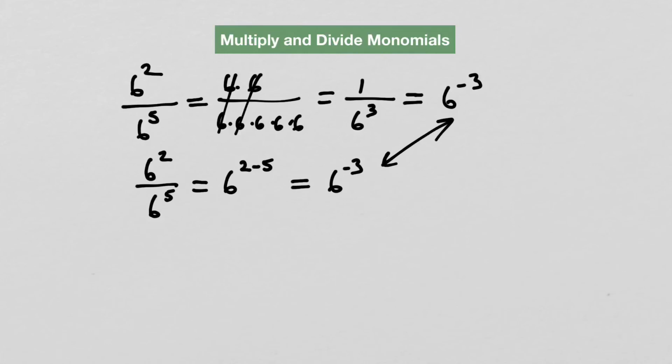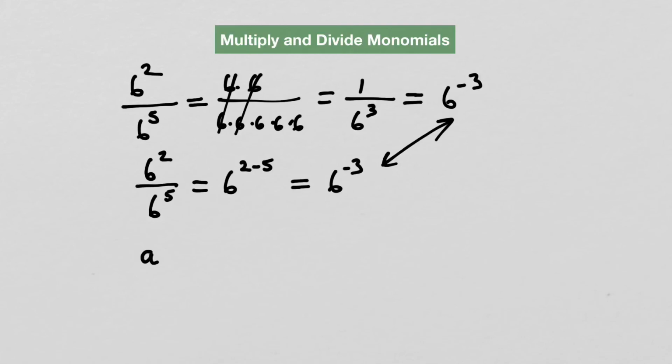So to summarize, when you are multiplying monomials, you add the exponents. Okay? When you're multiplying monomials, you add the exponents. When you are dividing monomials, you take the difference, or you subtract the latter from the former. Okay? So in other words, I'm going to express this in algebraic terms.